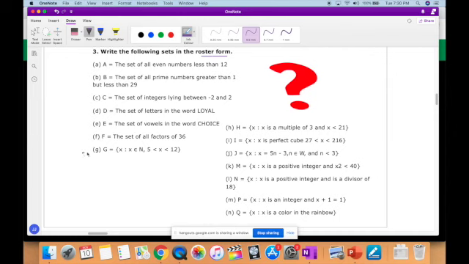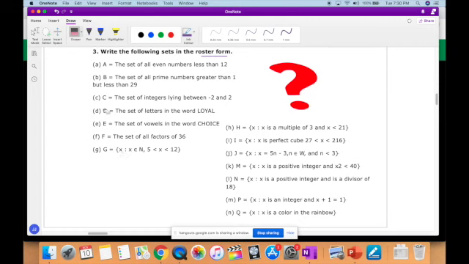Now they give you algebraic form as well, so you have to be able to read it, right? So G is the set of numbers such that those numbers are elements of natural numbers, and those numbers are between 5 and 12, but they do not include 5 and 12.